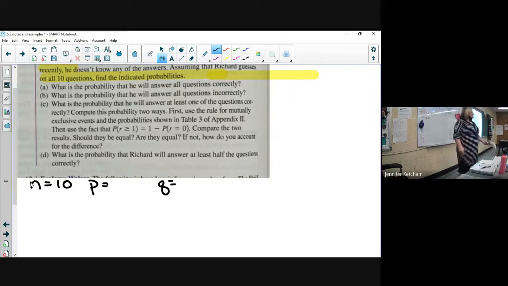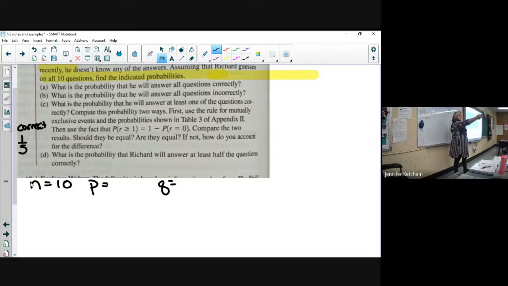The probability of success is him guessing the right answer, right? So how many right answers are there? There's not 10 right answers, there's 10 questions. There's one right answer out of how many choices? Out of 5. So 1 out of 5 is picking the correct spot, right?